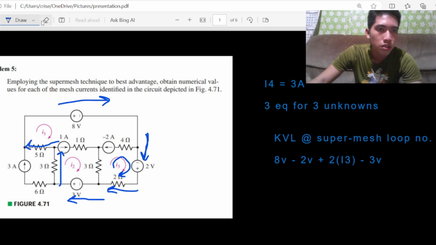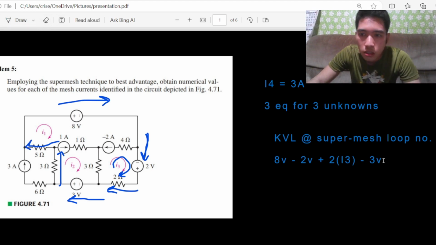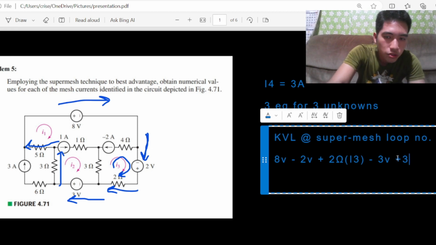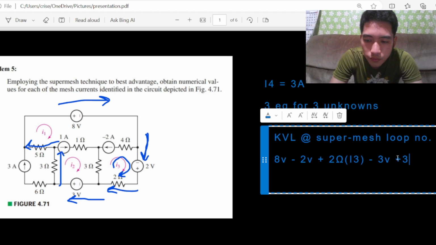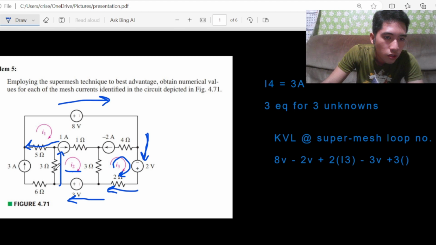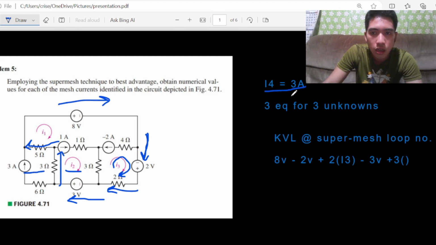So we're going to write each of these as positive 3 ohms multiplied by the current going into this resistor, which is I2, and 3 amps, which is considered as I4.